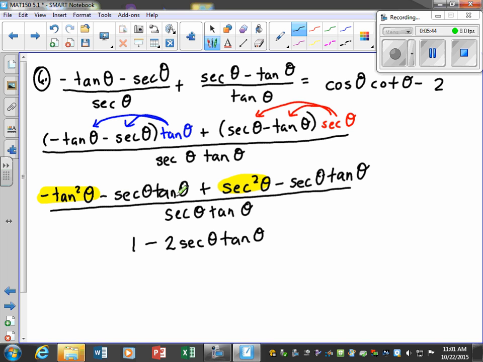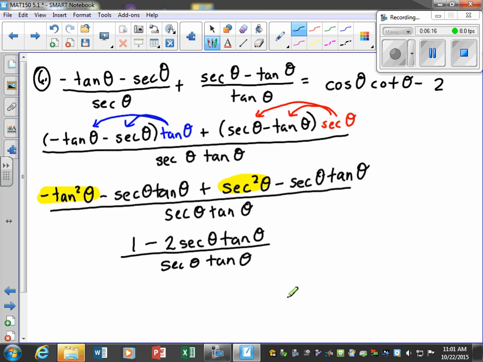When I said this would be negative x plus negative x, you would say, oh, well, that's easy, add like terms and you get negative 2x. Well, it's the same thing. Secant theta tangent theta is a like term to secant theta tangent theta, so negative 1 would give us negative 2. That's sometimes not as obvious as it should be. And then, of course, we're still over our common denominator.